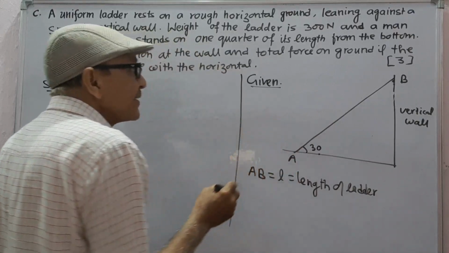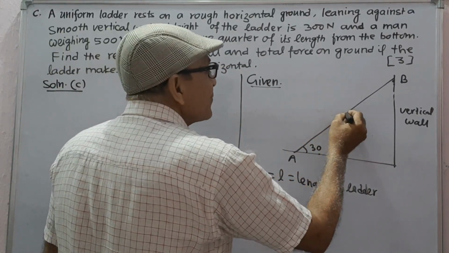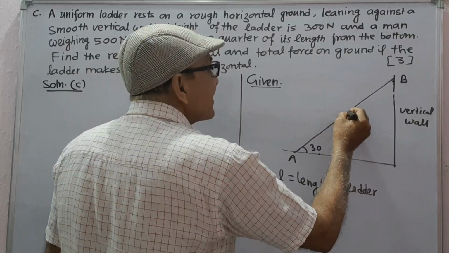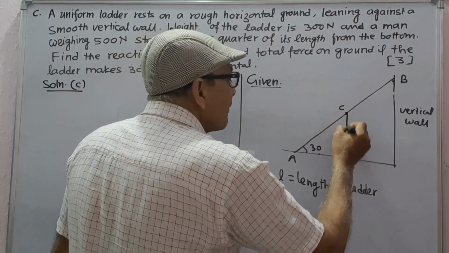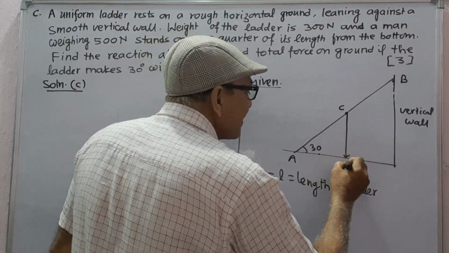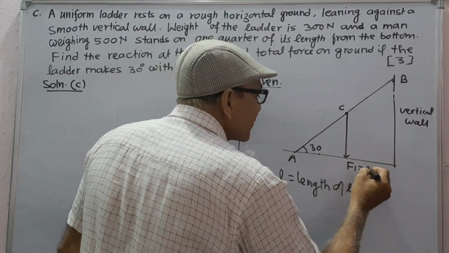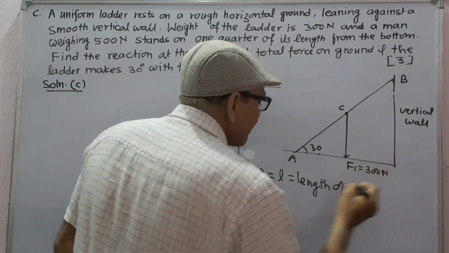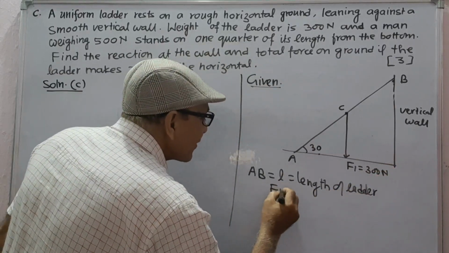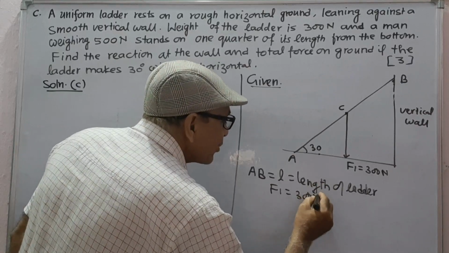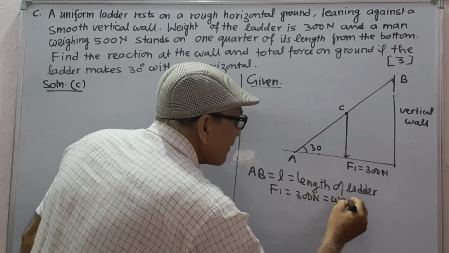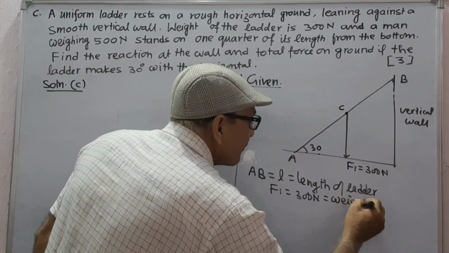Weight of the ladder is 300 Newton. It will act at its center C. Weight F1 is equal to 300 Newton, weight of ladder.